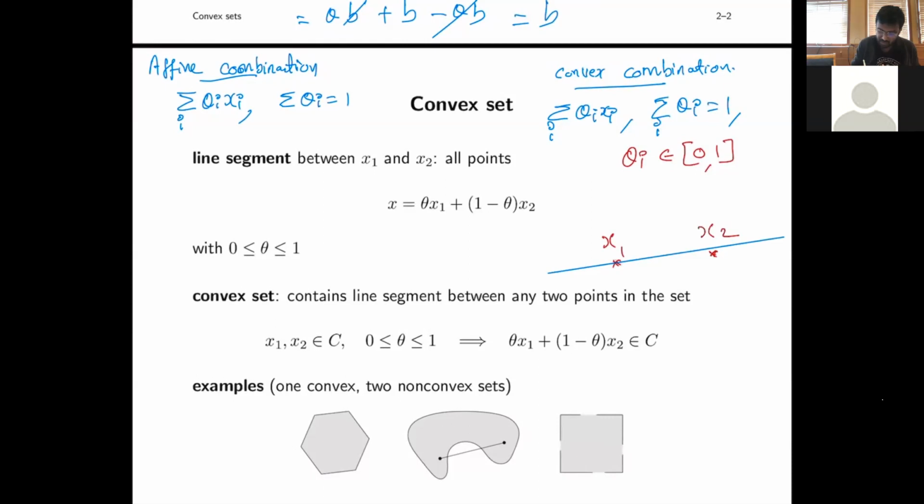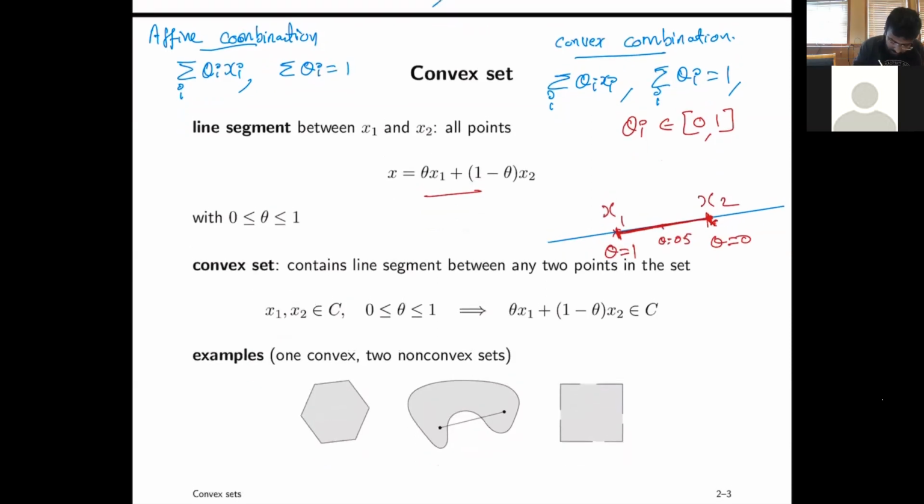Yes. So when theta equals 0, this will be x2, and when theta equals 1, this will be x1. Between that, for example theta equal to 0.5, it will be this line segment. So if you have 2 points, convex combination gives you a line segment between those 2 points, but affine combination gives you the entire line.